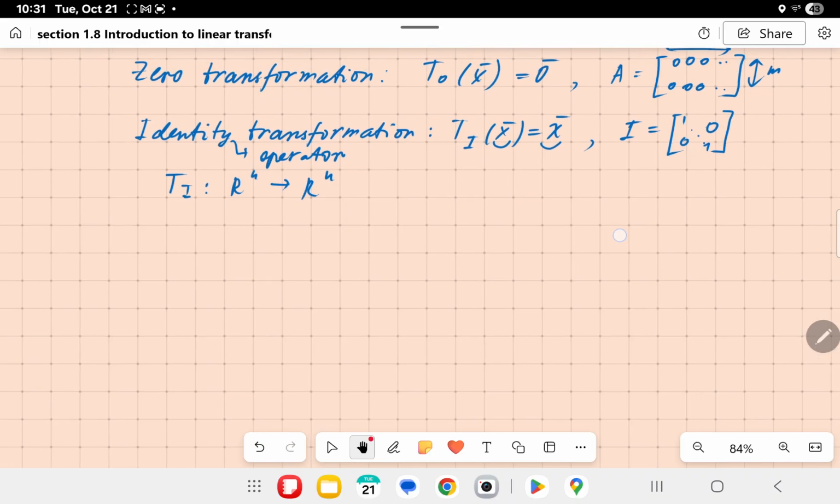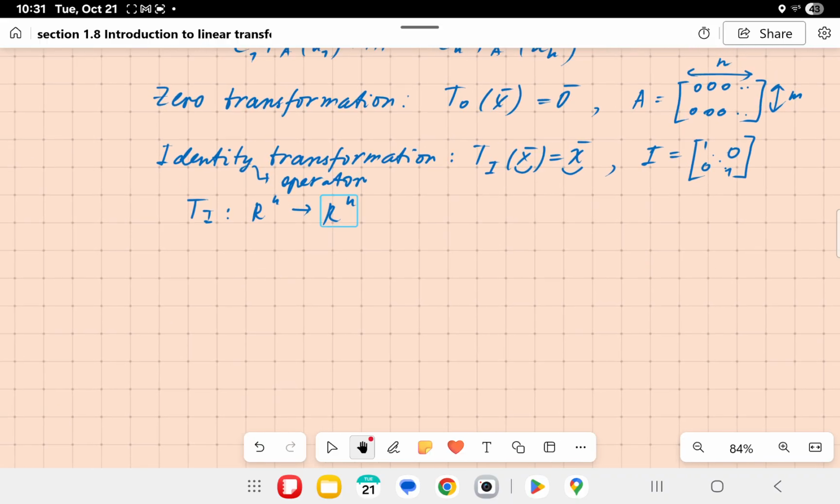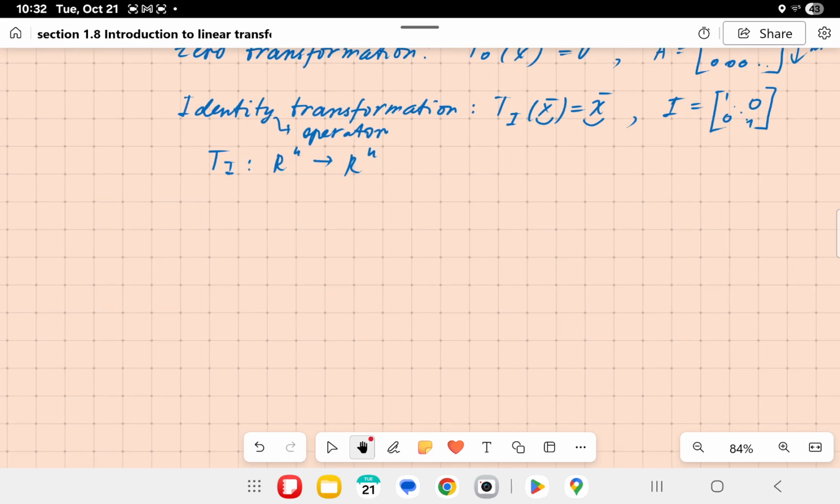Okay, now the question is, in general, how to find the matrix of a transformation if somebody does not give you equations. If somebody gives you equations, you just copy the coefficients and that's going to be the matrix of the transformation. But if somebody does not give you equations, how to find the transformation matrix?